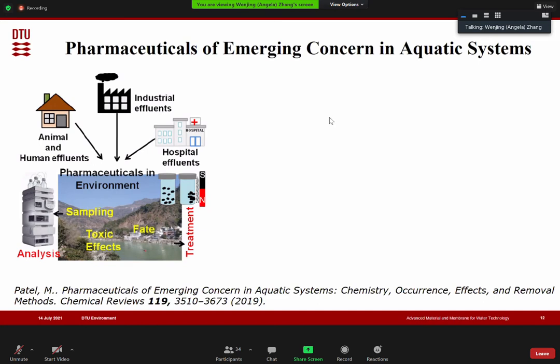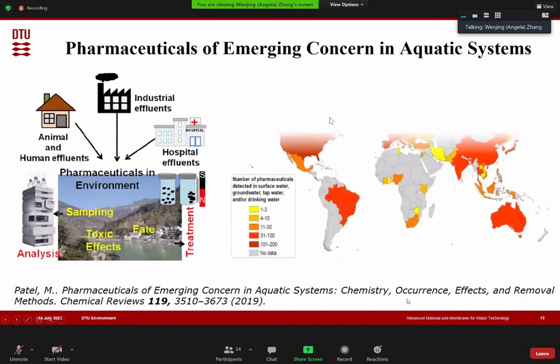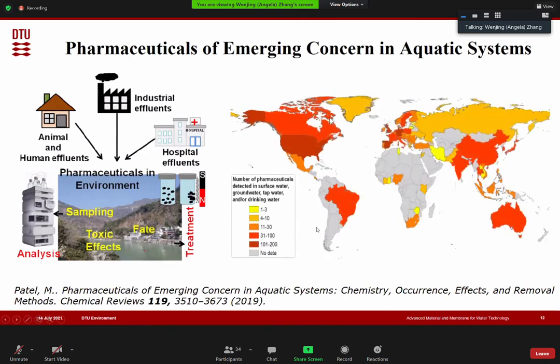And the source can be agricultural, industrial or hospital effluent. For instance, in this review article, you can see that in the countries, the color indicates the number of pharmaceuticals detected in surface water, groundwater, tap water, or even drinking water, especially in some developed countries like Europe, North America, Australia, and Asia.